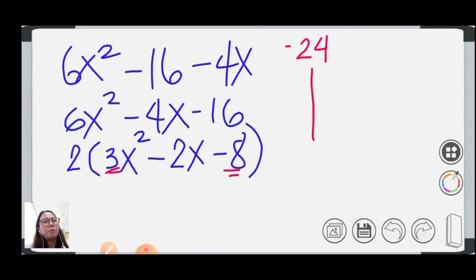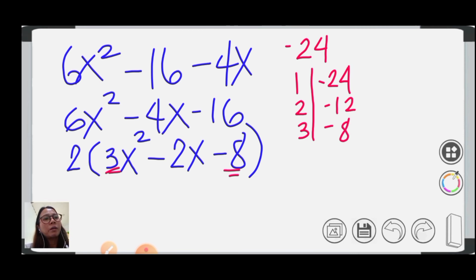So positive 1 and negative 24, positive 2 and negative 12, positive 3 and negative 8, positive 4 and negative 6.